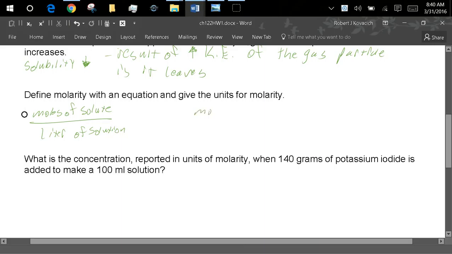So then its units are moles per liter, and its symbol is a capital M. So basically what we're talking about is the number of particles distributed through a liter of solution. You can think about those things being individual objects inside of there, and they're either crowded together or they're not.